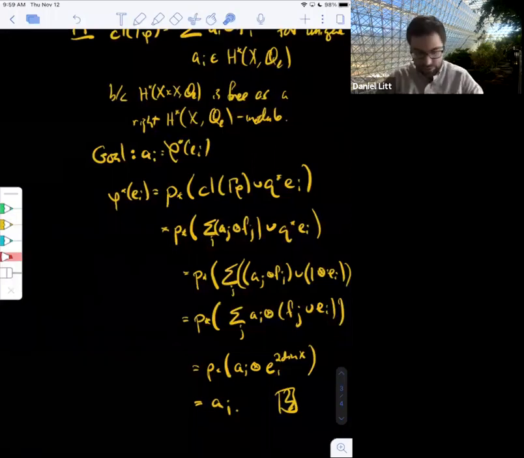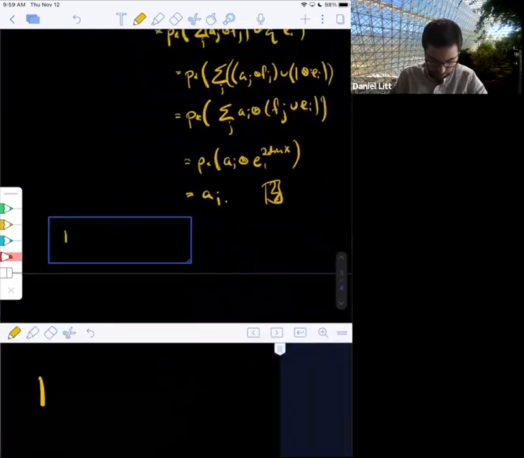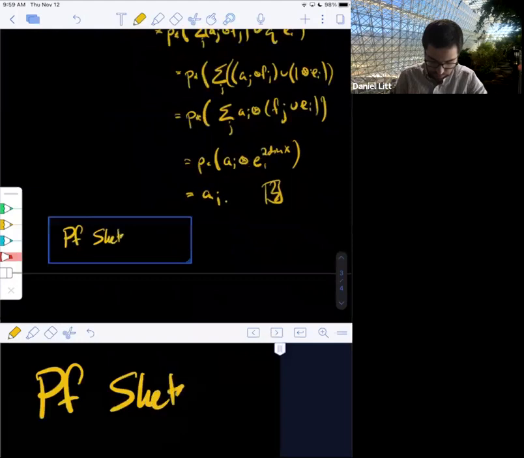All right, so now let's prove the Lefschetz fixed point formula. So this is going to be a sketchy proof. So proof sketch of Lefschetz.